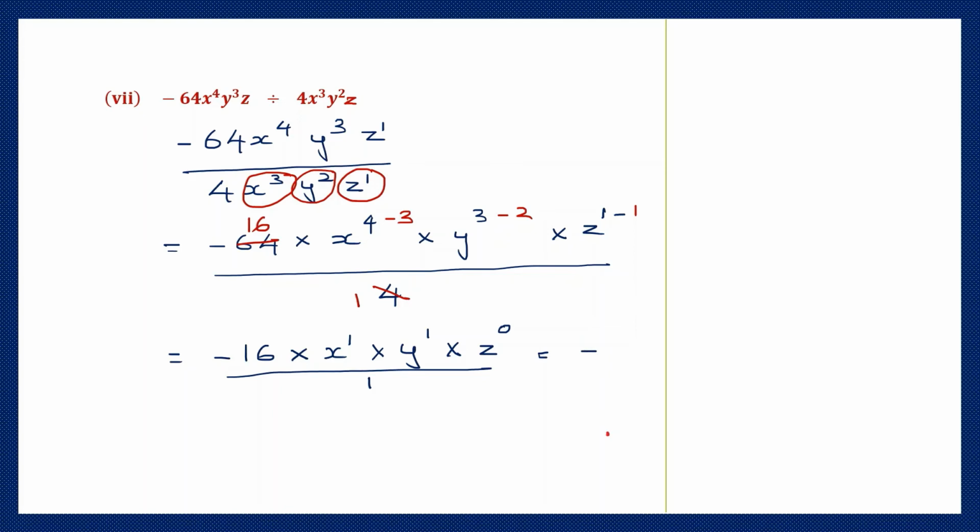So this is minus 16 into x into y into z raised to the power of 0 is 1. So here I have my final answer as minus 16 xy. So this is my final answer.